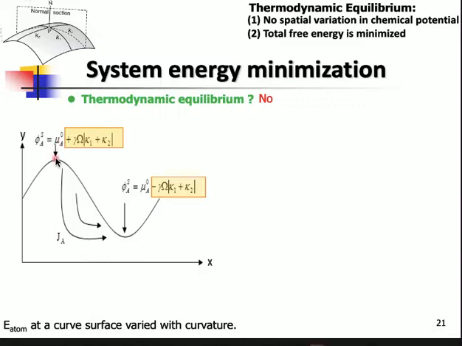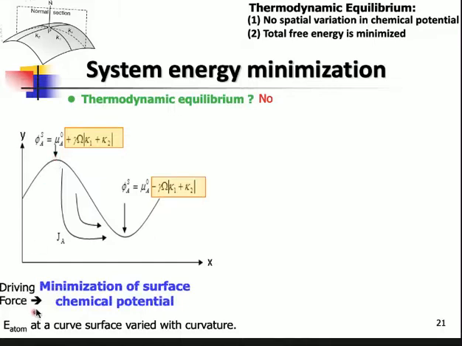And the purpose, don't forget, is that the total energy of the system always gets smaller and smaller. So the driving force in this system is to minimize the surface chemical potential. The atom here has a higher chemical potential, because we add a positive term. And the atom here has a lower chemical potential, because we subtract a positive term.